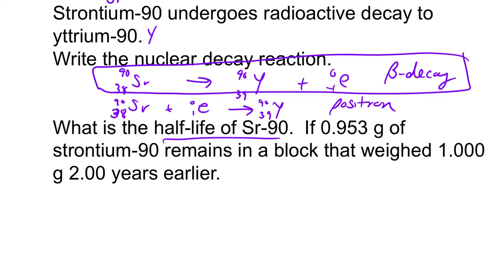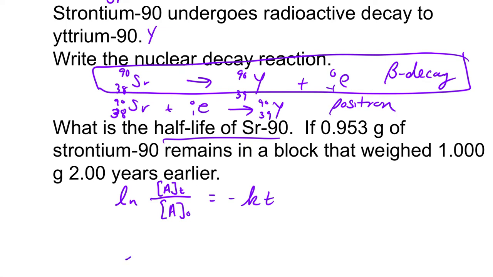Natural log of some concentration at time t over the initial concentration equals minus k times t, where t is time and k is the rate constant. You recall seeing this?